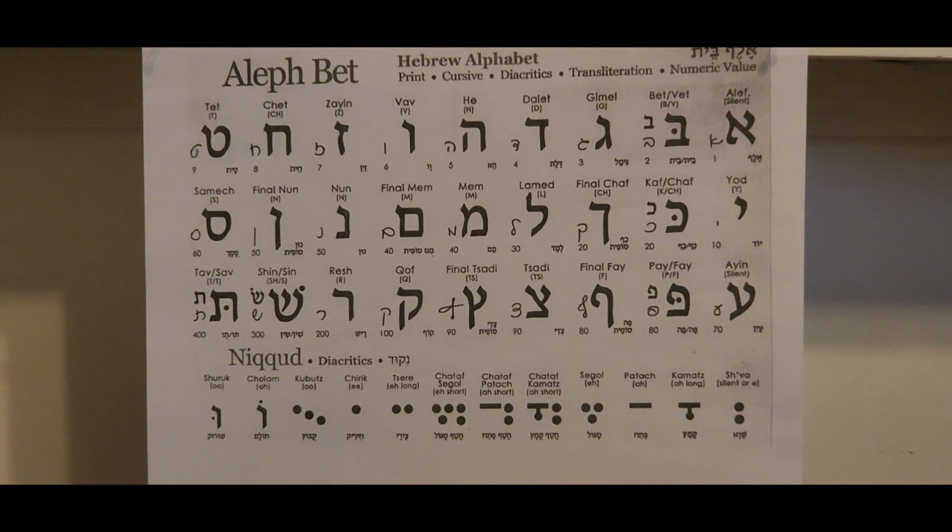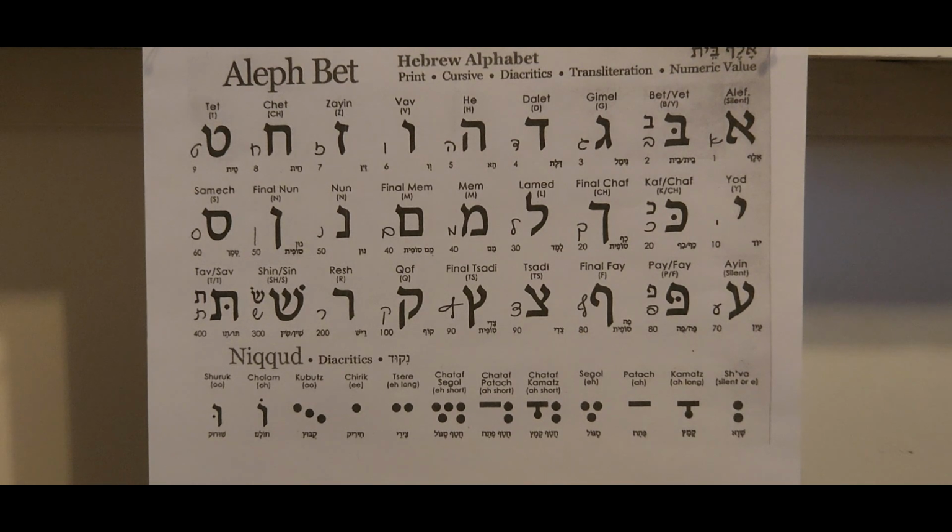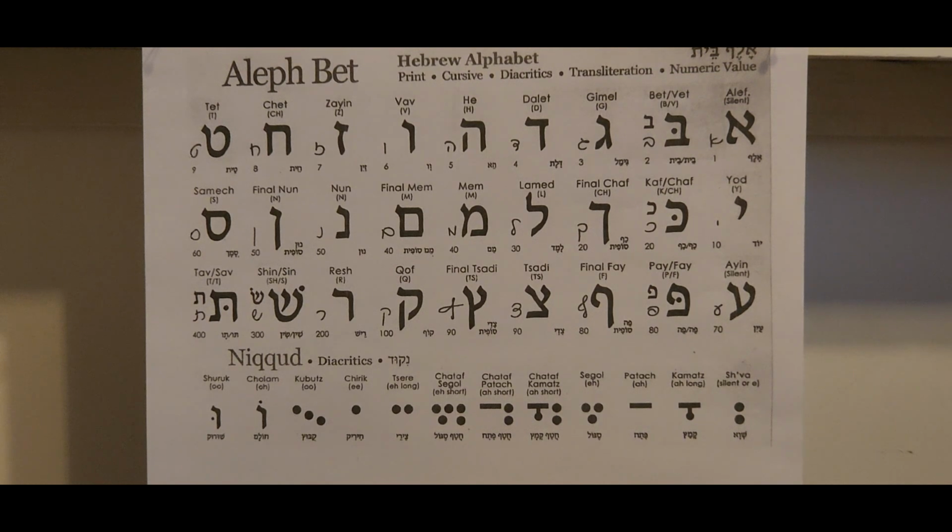This is a copy of the Hebrew alphabet. It's one I've chosen because there's a lot of information here that I think is useful and necessary for us. The Hebrew alphabet actually consists of 22 letters. You see that there's obviously more than that here.